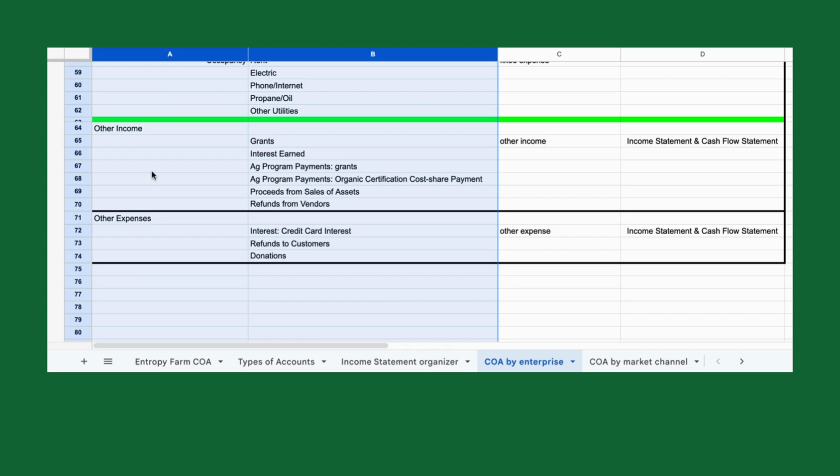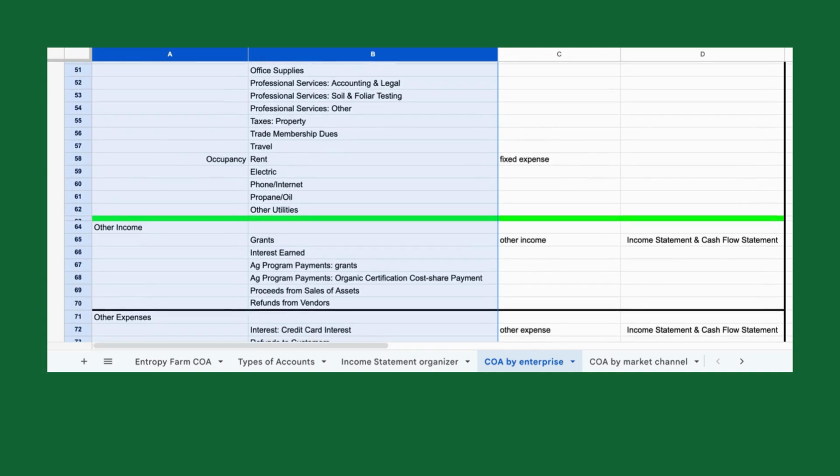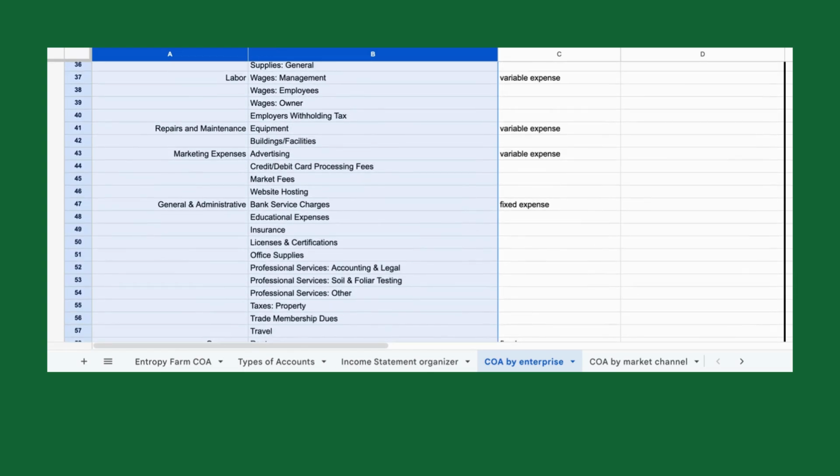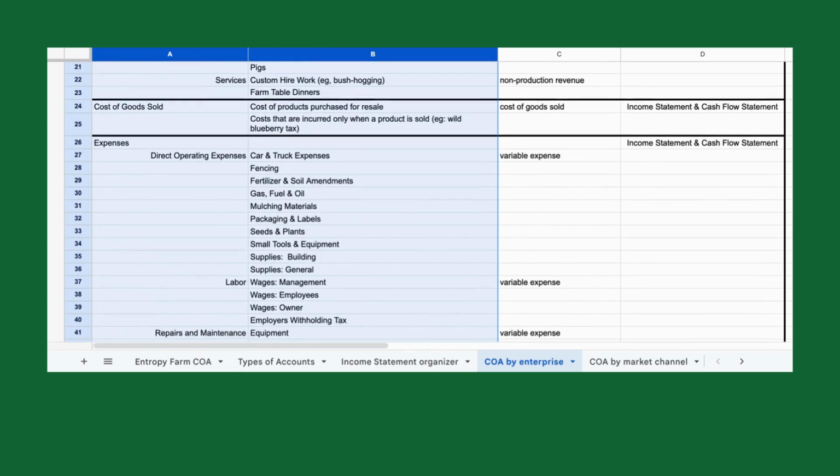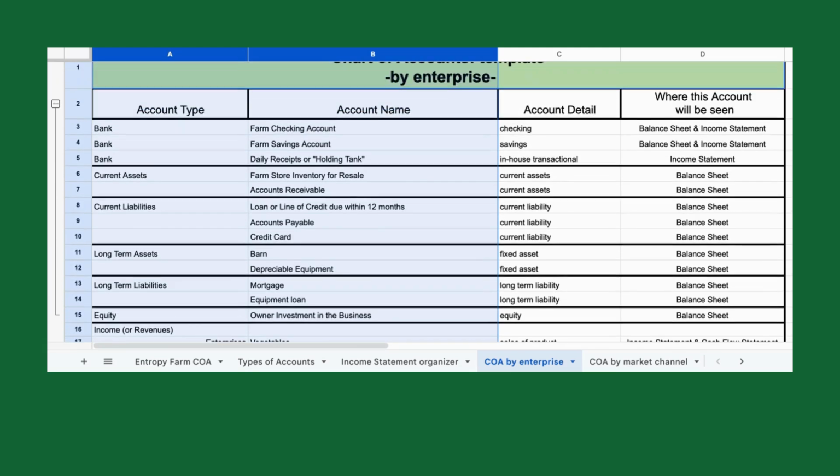Now, as you can see, the chart of accounts can be quite a long list. Most farms can have as many as 60 or 70 accounts or more. No two farms are the same, and neither are their charts of accounts. Different enterprises or market channels and the size of the farm all affect the number and type of accounts.